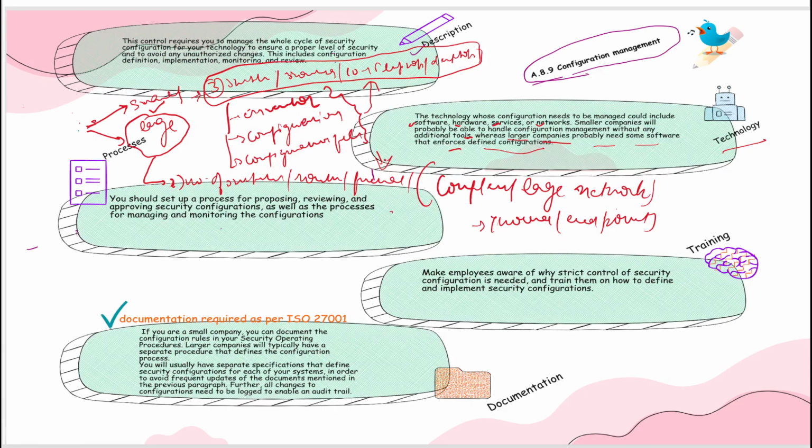It is a very cumbersome process. So you may require software where you can track the inventory first, categorize which are critical, and then also push configuration from that central application to these devices, right?